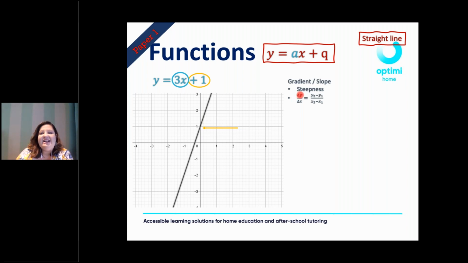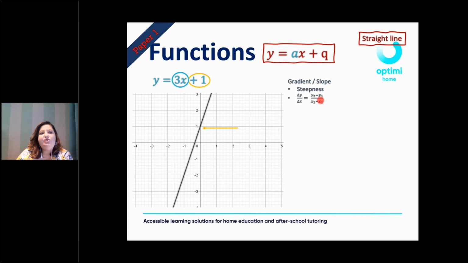And how do I calculate the change or a difference? By subtracting. So if you look over here, I have a pair. We call that a coordinate pair, where I have an input value with its corresponding output value. I have an input value over here with its corresponding output value.